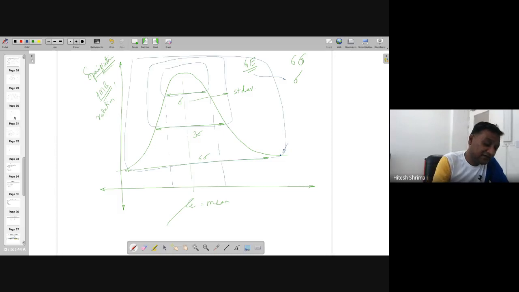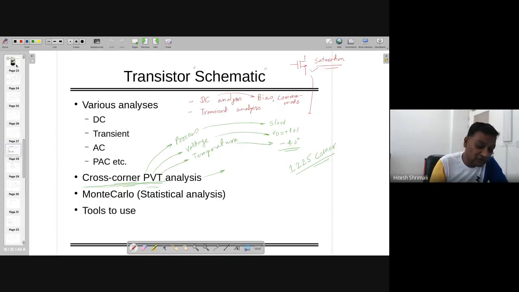So that's why we have to do an analysis called Monte Carlo, a statistical analysis. When you are going to run that, generally we choose the worst case corner out of these 125. On top of that, we run the Monte Carlo so that the output looks like this one.